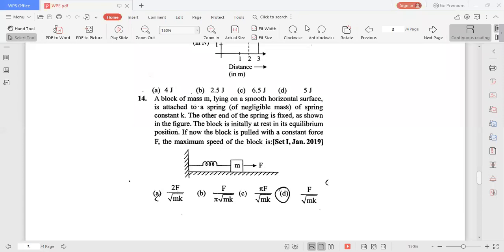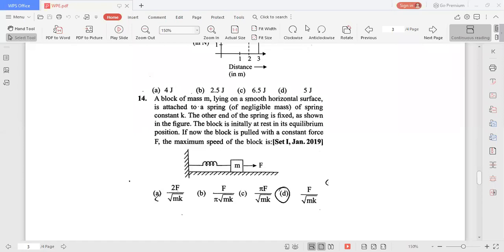A block of mass m lying on the smooth horizontal floor. So a block of mass m lying on the smooth horizontal surface is attached to a spring of negligible mass of spring constant K. The other end of the spring is fixed as shown in the figure.